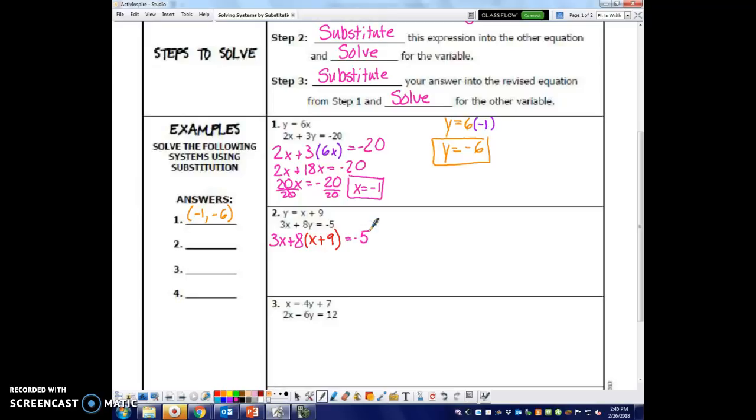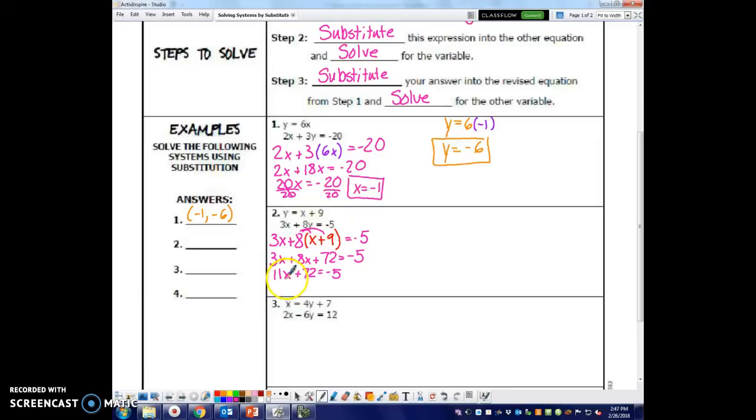Now we're going to solve. 3x plus 8 times x is 8x. 8 times 9 is 72. Equals -5. Okay, so now combining like terms, 3x plus 8x, 8, 9, 10, 11, it's 11x, plus 72 equals -5.